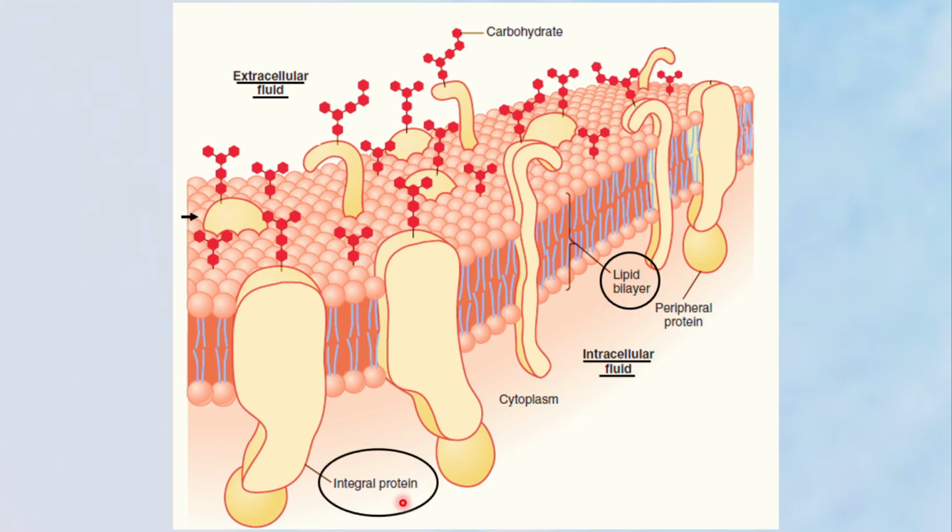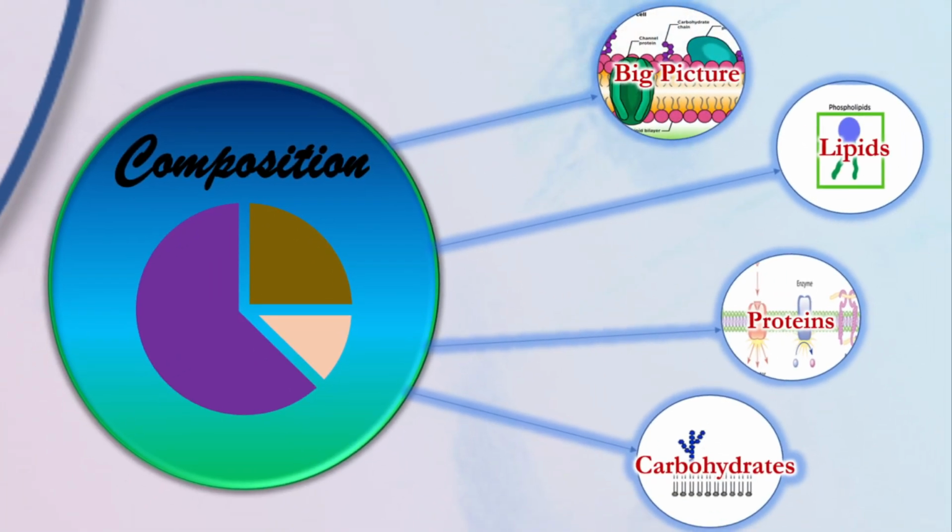And you have proteins that can either be an integral protein or peripheral protein. Peripheral protein can be on both sides also, ECF or ICF. And you have certain small structures present on the proteins dangling in the ECF. They are your carbohydrates. So this is the entire structure of the cell membrane.